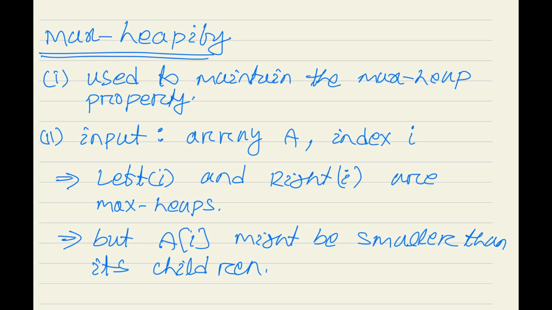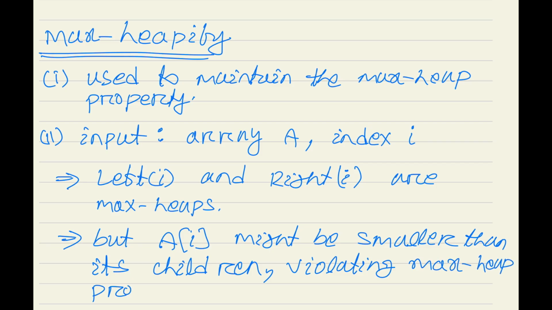So left of I and right of I are max heaps, but A of I might be smaller than its children. That's why the max heap property is violated at A of I.